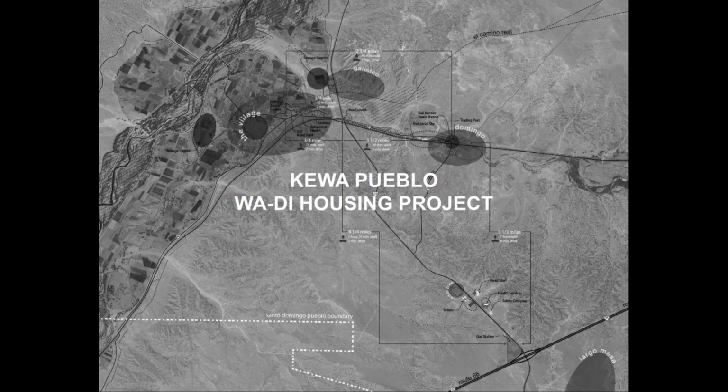We really saw this as a potential to give tribal members access to Santa Fe and Albuquerque, while also thinking maybe 10, 15 years down the road of bringing potential outsiders into the community for economic development, right?